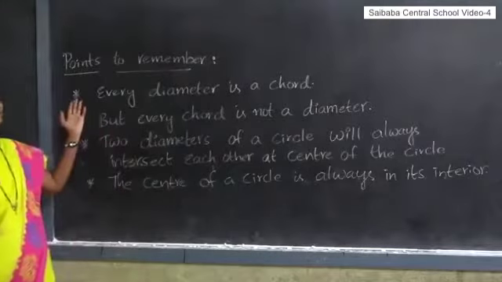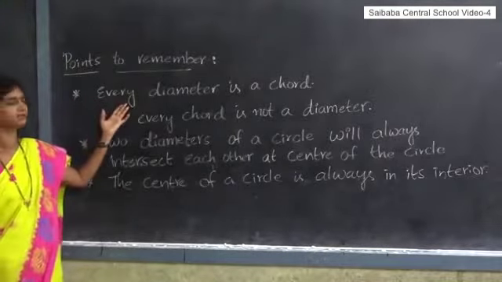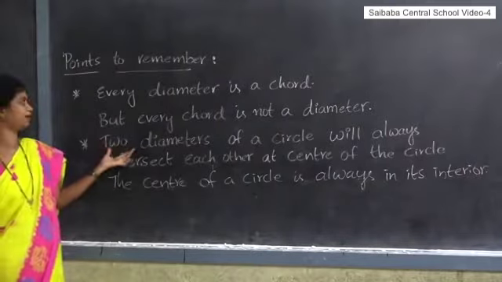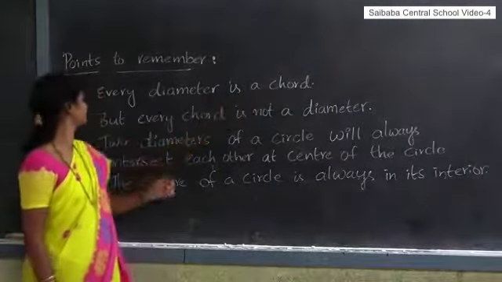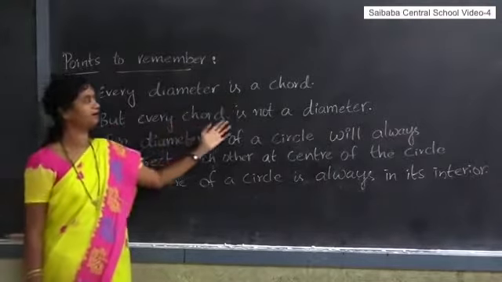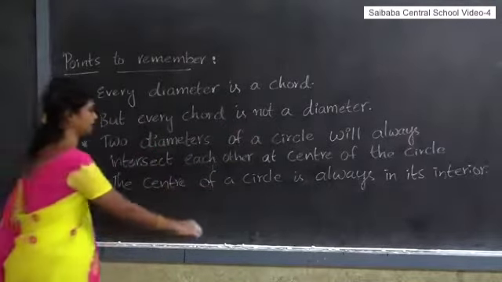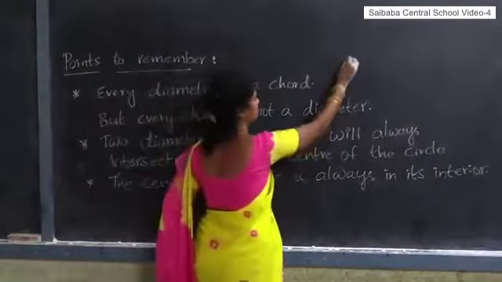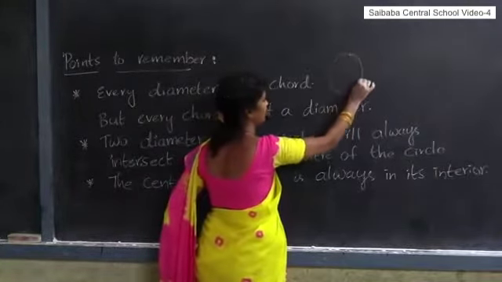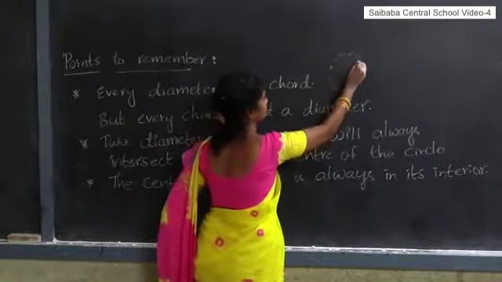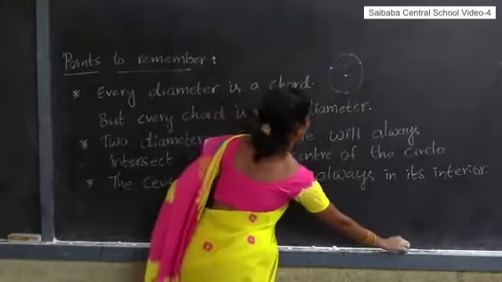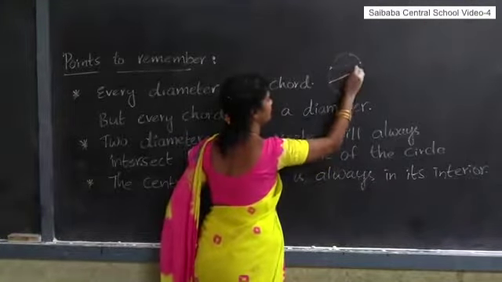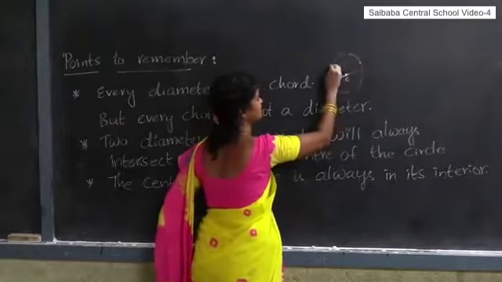The point to be remembered about the parts of a circle is that every diameter is a chord, but every chord is not a diameter. So this is one important point to be noted. So here it is a chord, and this is a diameter passing through the center.